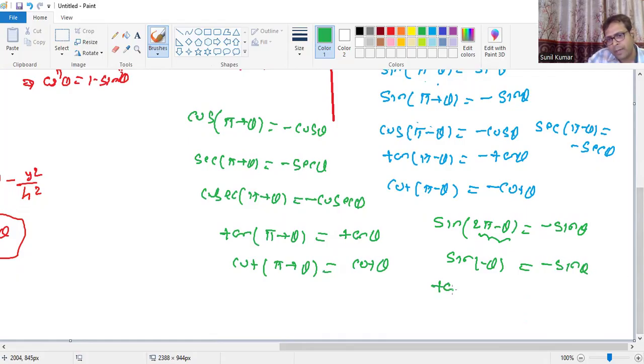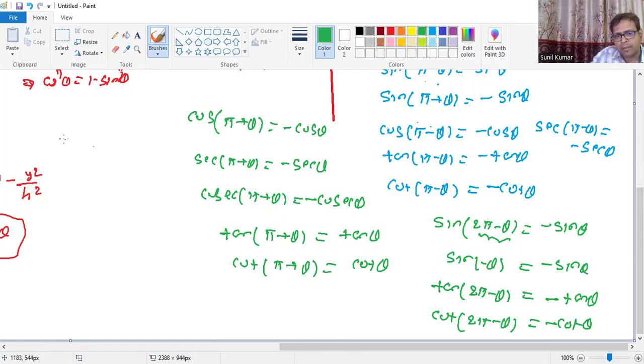Similarly, we can write tan(2 pi minus theta) is equal to minus tan theta, and cot(2 pi minus theta) is minus cot theta. And in the case of cos and sec, we can write cos(2 pi minus theta) is cos theta, and similarly sec(2 pi minus theta) is sec theta.